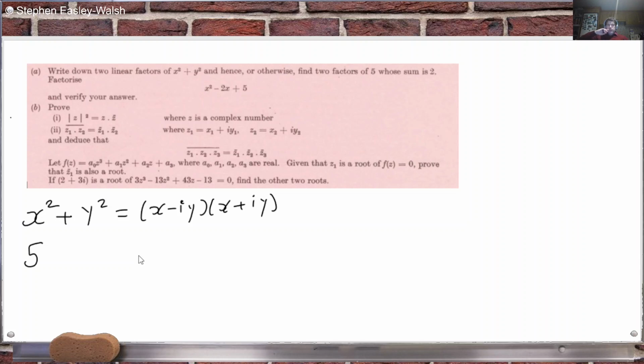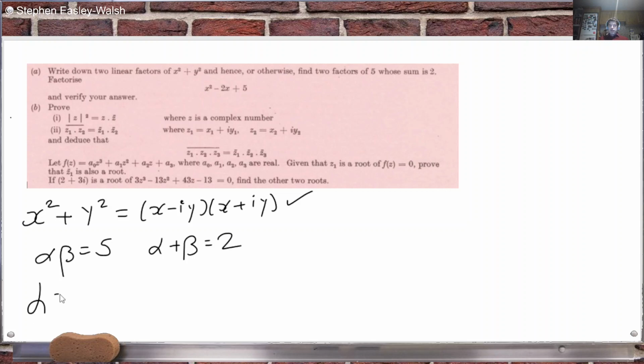Write down two linear factors of x squared plus y squared. Okay, I've done that. And hence or otherwise find two factors of 5 whose sum is 2. Okay, well let's just do it the algebra way then. So you have alpha times beta equals 5 and alpha plus beta equals 2.